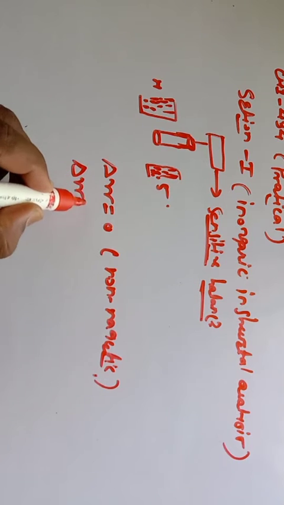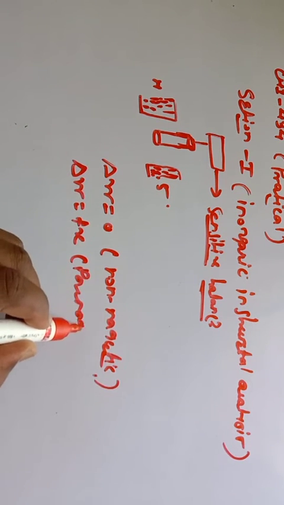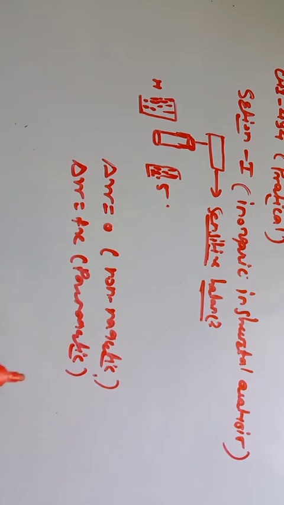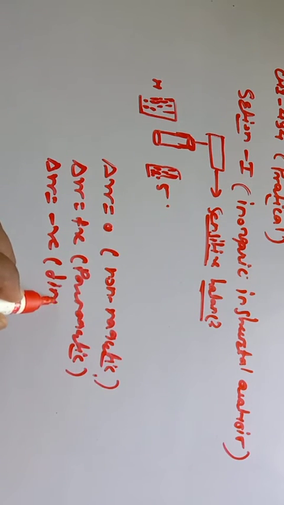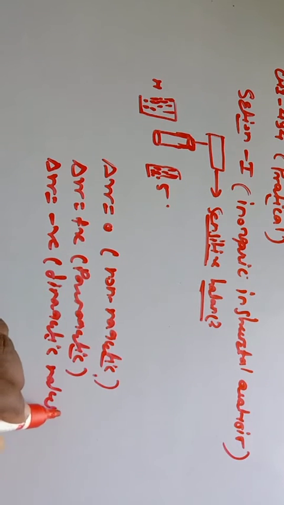And when the change in weight is negative, then it is a diamagnetic material. So we just find out the change in weight, a concept we are very familiar with, generally used in gravimetry. So this is the concept.